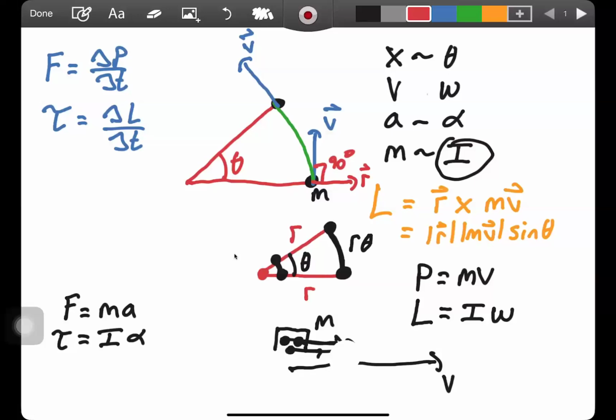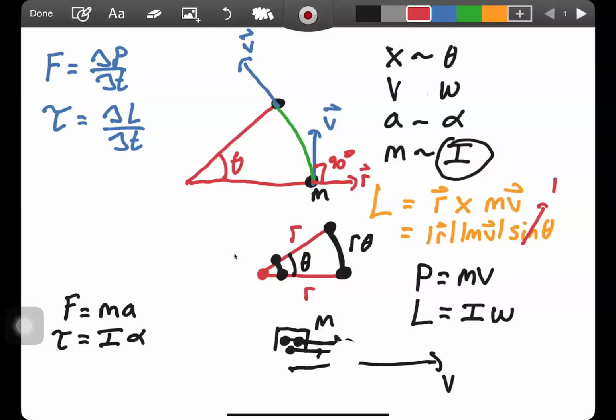And so this is going to be 1, because sine of 90 is equal to 1. And again, that's because the linear momentum, mv, is always going to be tangent to the circular trajectory, and the lever arm is always going to be perpendicular to the tangent.